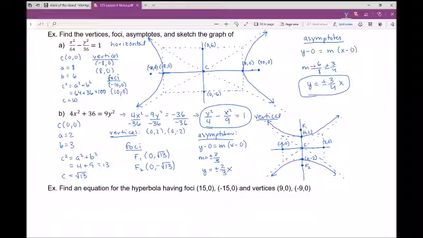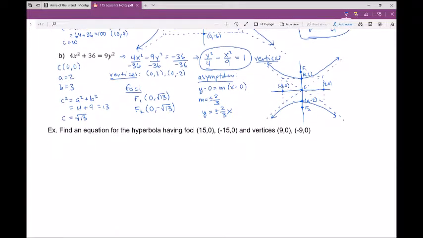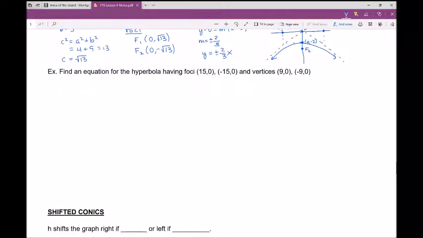Okay, so in the next example, we're given some information and we want to find the equation of the hyperbola. Okay, so just like we did with parabolas and ellipses, I would start by drawing a picture to see what this information looks like on a graph.